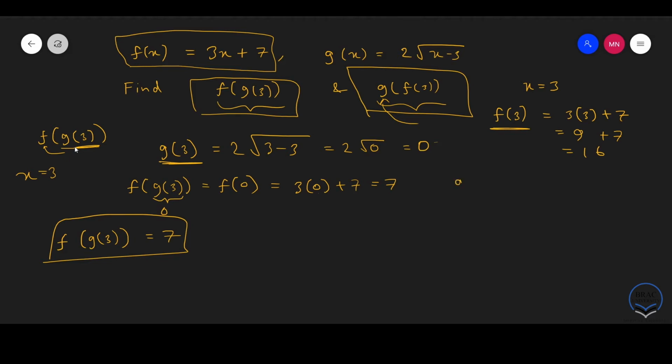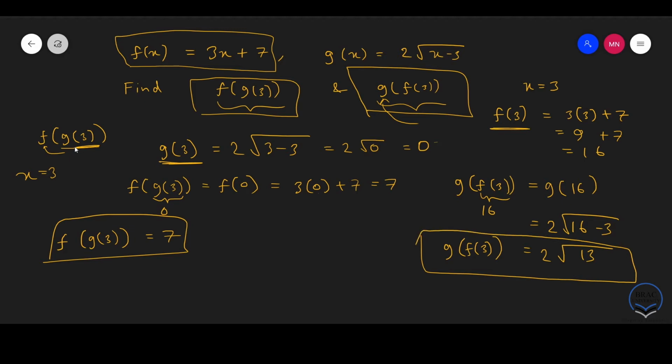So we have g of f of 3, which is equal to g of 16, because f of 3 is 16, and this gives us 2 times square root of 16 minus 3, which is 2 times square root of 13, right? So this is g of f of 3.